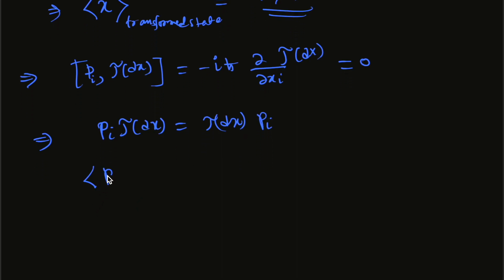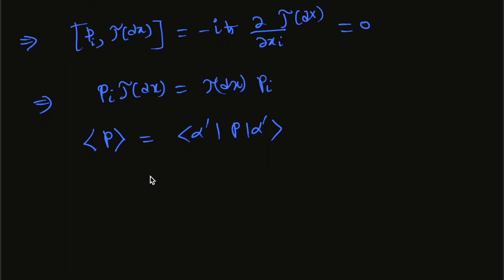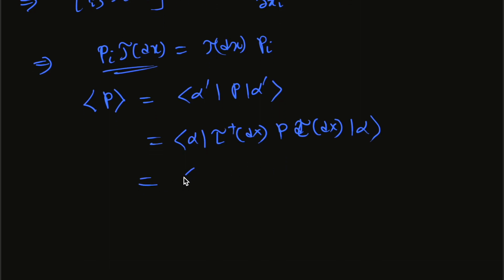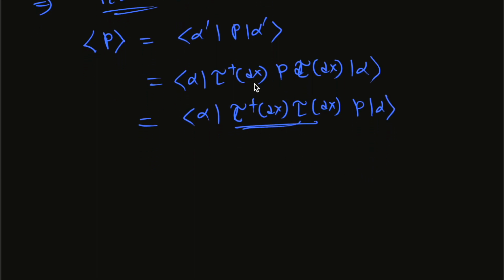So that means the expectation value of p in the transformed state is equal to alpha prime p alpha prime, and it will be alpha tau dagger dx p tau dx alpha. Since this commutes, that means alpha tau dagger dx tau dx p alpha. Since this is unitary, this is the identity operator, that means alpha p alpha.